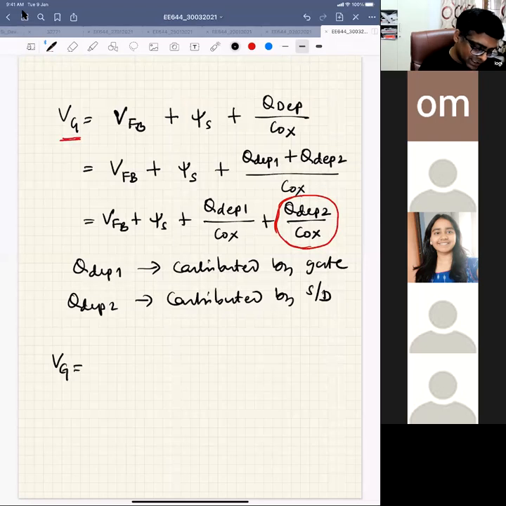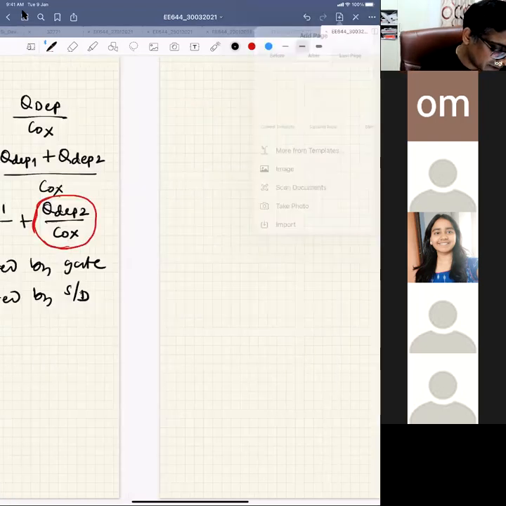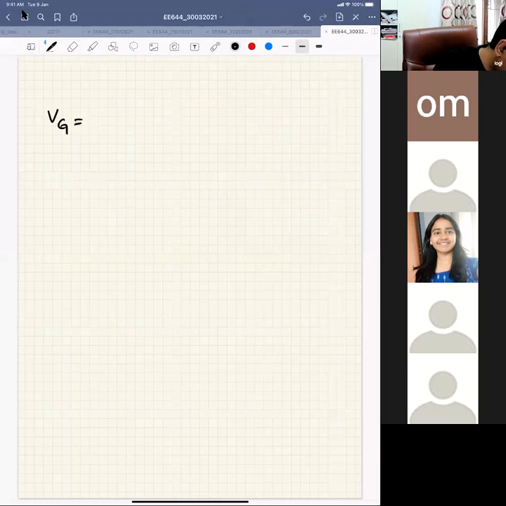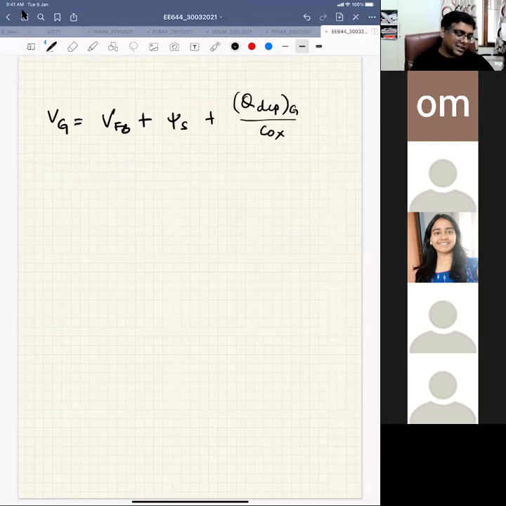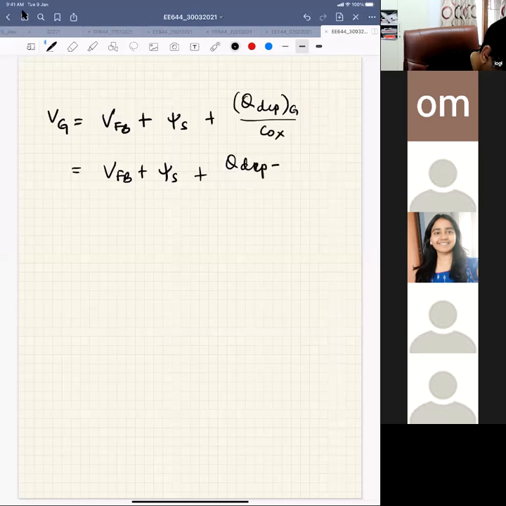Your gate voltage is VFB plus psi s plus Q depth contributed by the gate by Cox, which we could write as the total Q depth minus the depletion charge controlled by source and drain, divided by Cox.